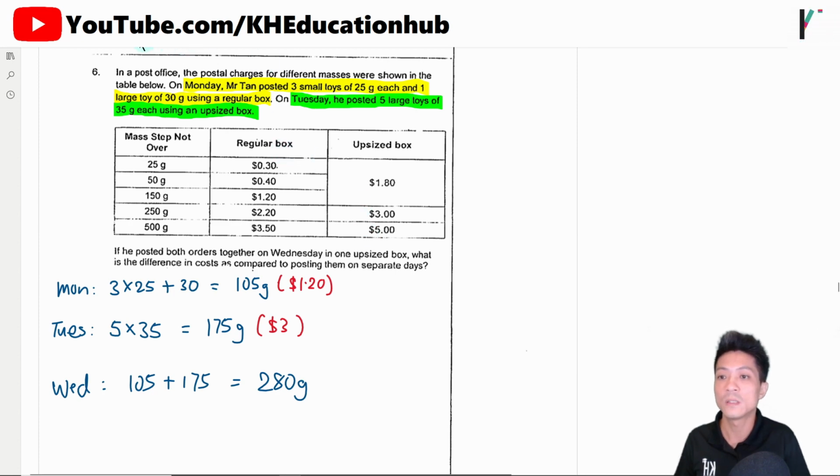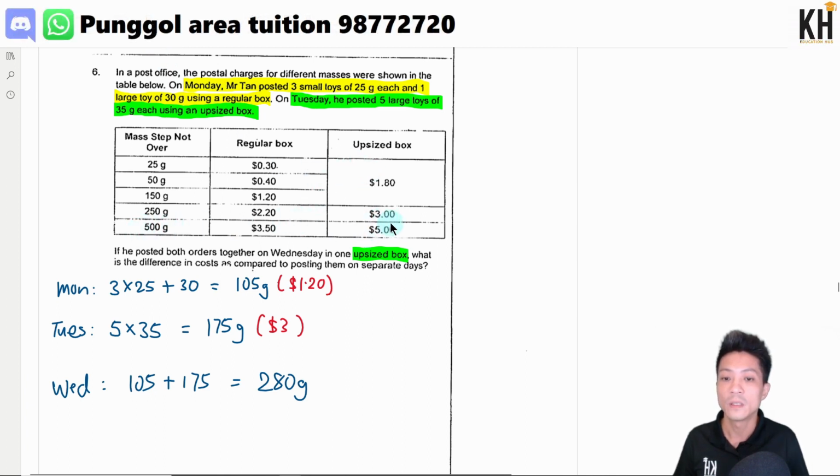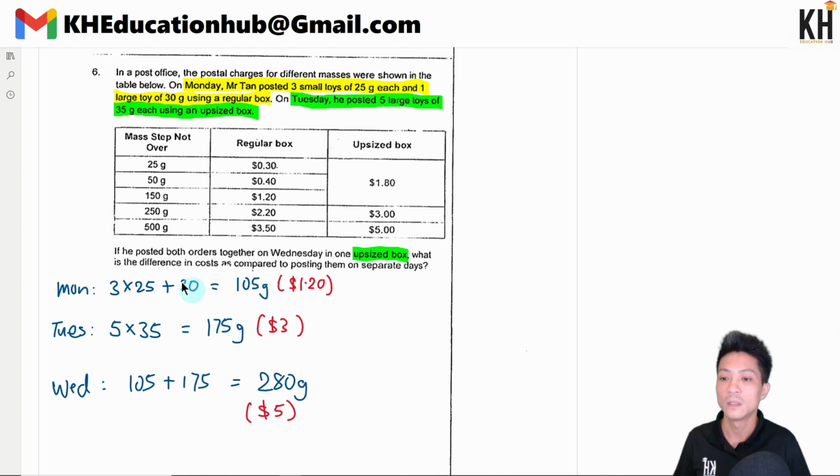He's posting it in the upsized box, so for 280 grams, this one will be $5.